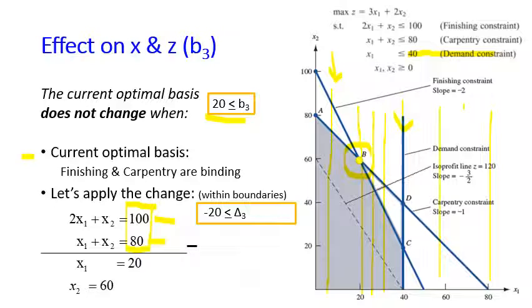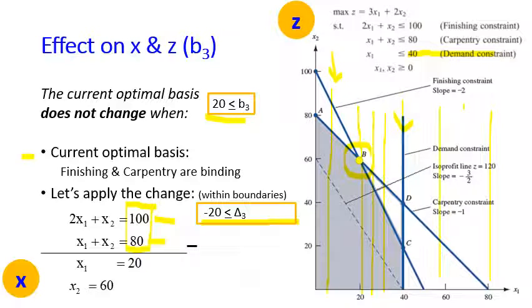As long as delta 3 is greater than or equal to minus 20, our basis remains optimal, and in this case the values of x1 and x2 remain the same. Why? Because the demand constraint is not binding at the current optimal basis.